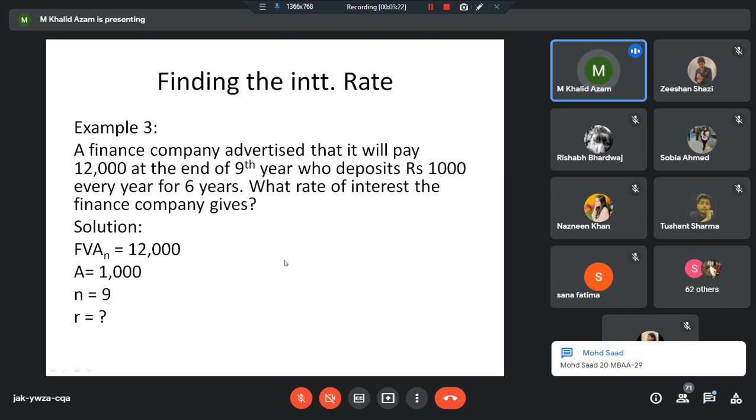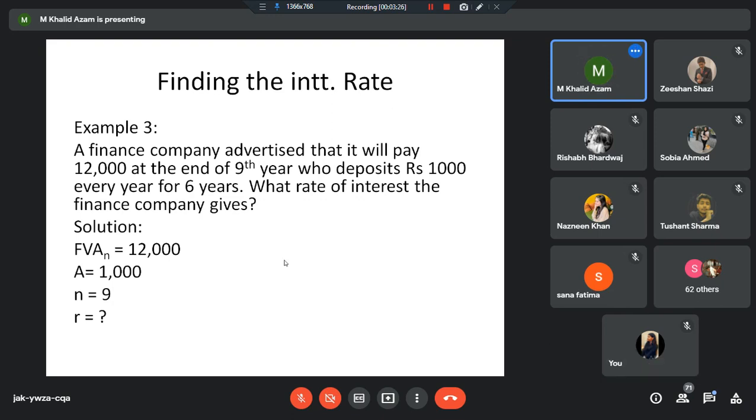After that, I will be shifting to the other side, which is related to compounding over a period of time, the multiple compounding. I will be coming to that. So see this example.